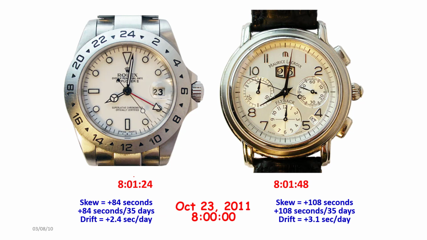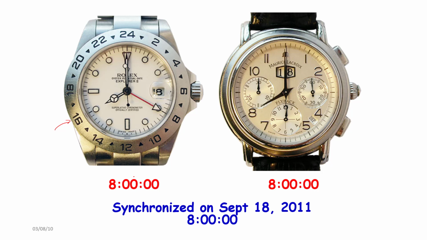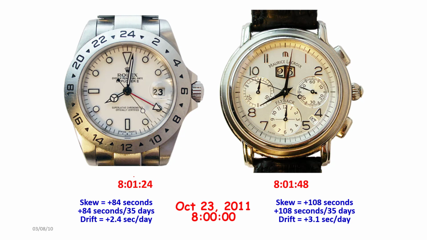From September 18th to October 23, which is 1 month and 5 days, just note the dates: September 18th, 2011, October 23, 2011, a skew was recorded of 84 seconds and 108 seconds. So this did change, but mind you, this is just an example.